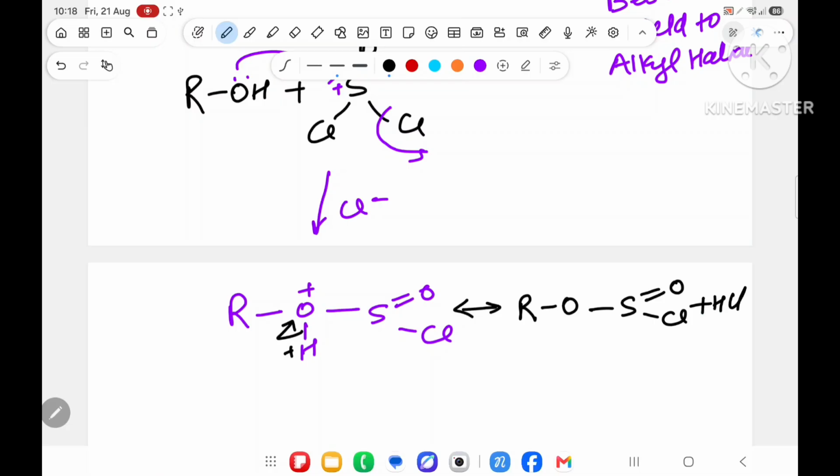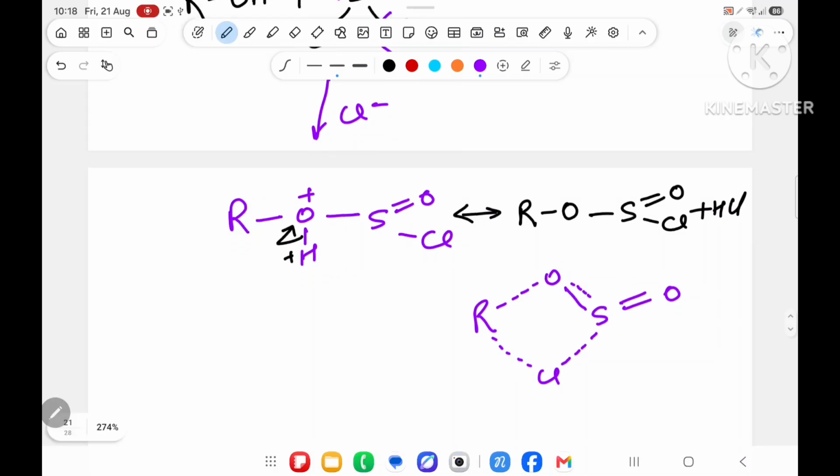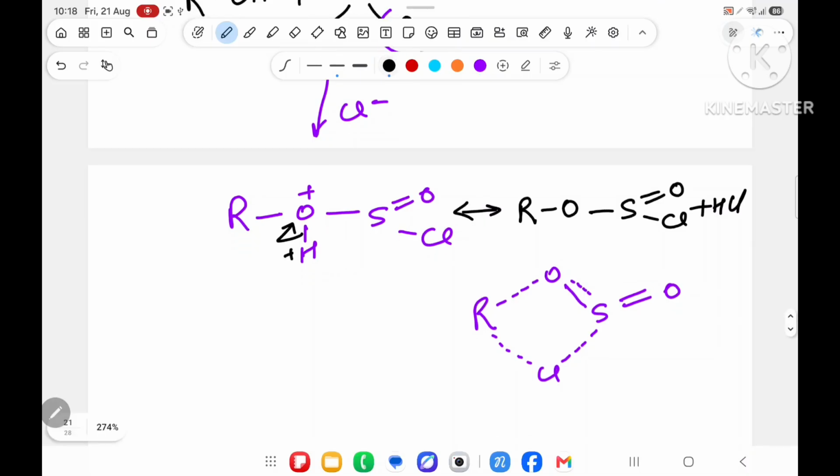After this, what will it do? It will make a structure something like this. R over here, S over here, and the Cl is breaking a little bit and attacking over here. Something happens like this. Understood? So this is forming what?